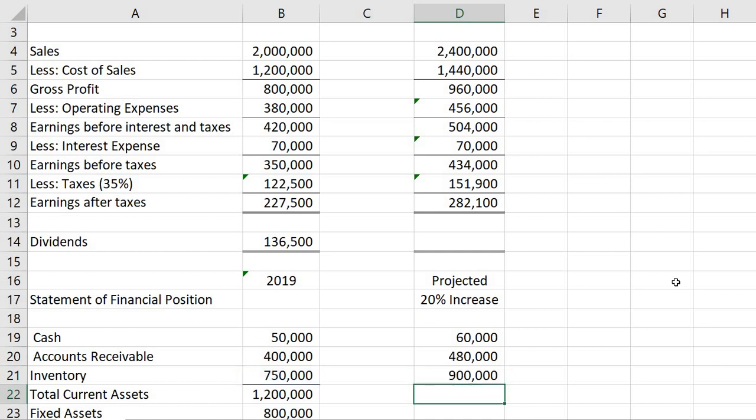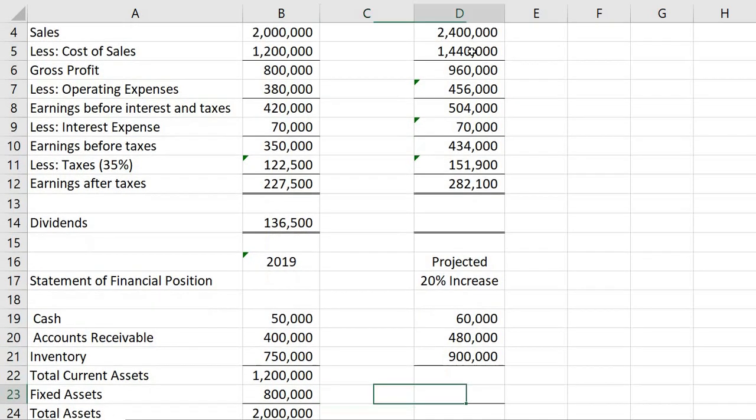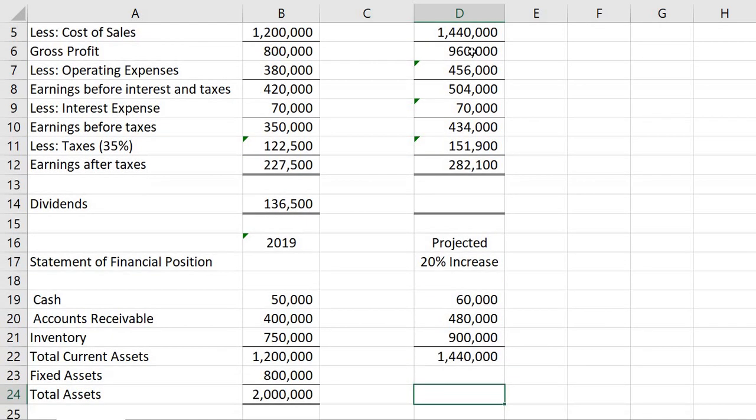Or you can divide 750 by your current sales and multiply by your projected sales. It will yield the same amount. With that, we now have total assets. We just add them all, and your total assets is 1,440,000.